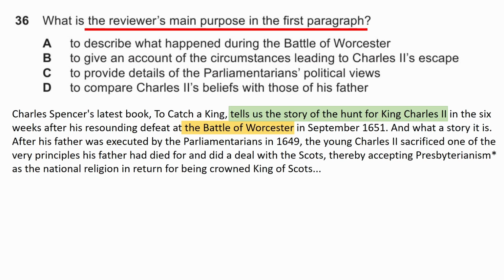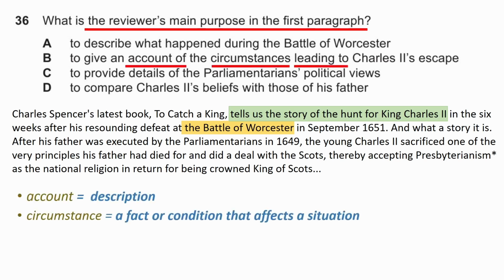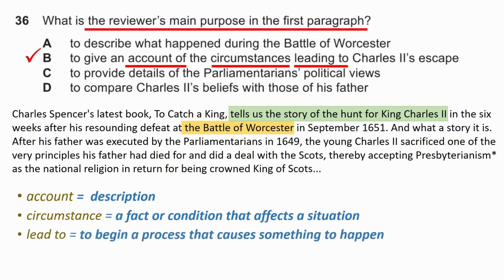This meaning is presented in option B, to give an account of, account description, circumstances leading to Charles II's escape. Circumstance, a fact or condition that affects a situation. Lead to begin a process that causes something to happen. That's exactly the same purpose.